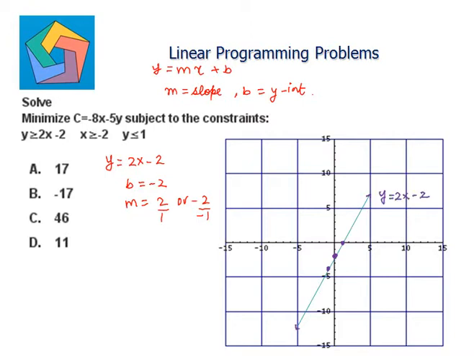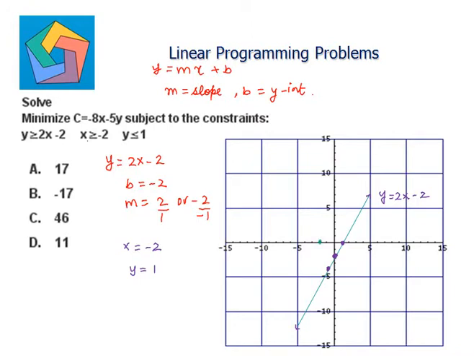So this is the graph of the line y equals 2x minus 2. The other constraint, x greater than or equal to negative 2, means x equals negative 2, and y less than or equal to 1 means y equals 1. Let us first plot these. x equals negative 2 will be a vertical line through the point negative 2 on the x-axis.